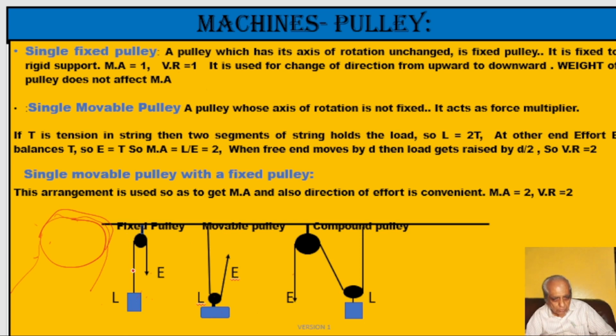So in the fixed pulley, this is the load. If I do the force balancing at this point, then L is acting down and tension T is acting up.